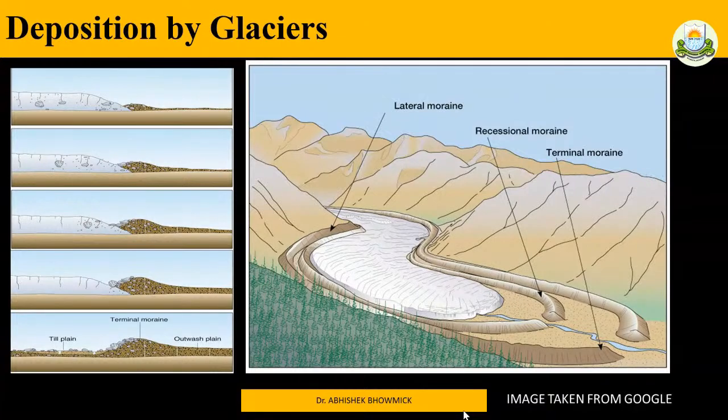And on the right-hand side we can understand the lateral moraines. Those moraines which are present on both sides of the banks of the glaciers are called lateral moraines. Recession moraines are those formed when the glaciers retreat, leaving blocks of these moraines.